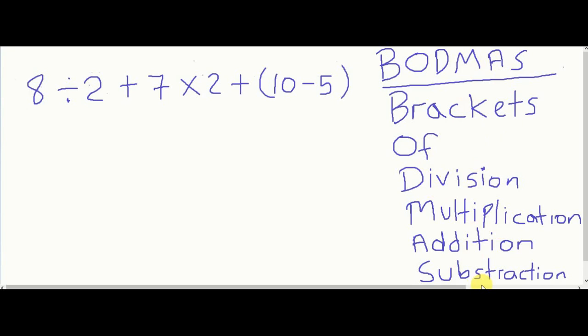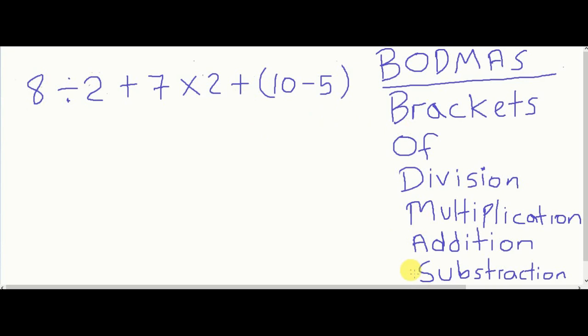So order of operations is basically telling you what you should do first, second, and third. So it is saying divide, then multiply, then you do the addition and the subtraction. This is the order you should do it in. If you don't follow the order, you will get a problem like this. Incorrect.